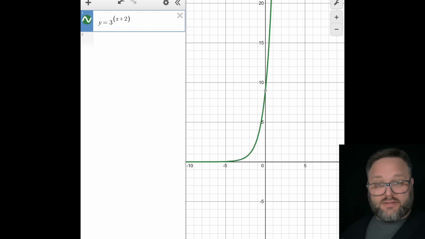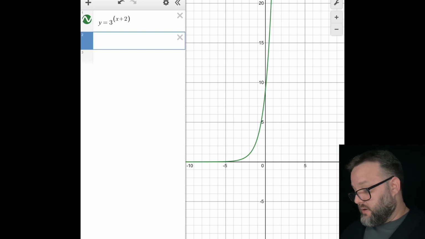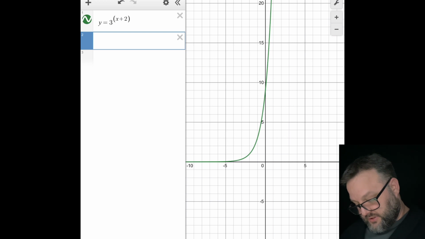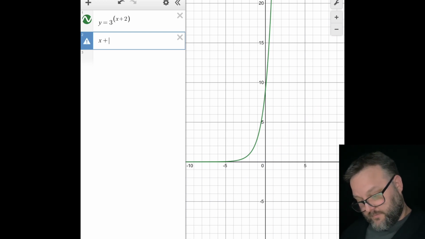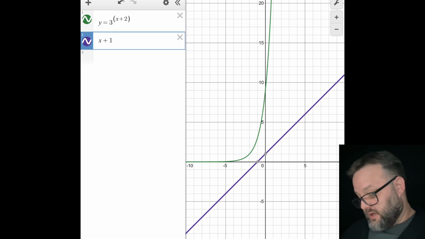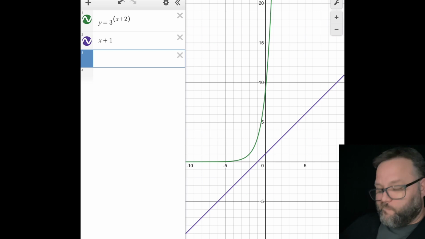It stays in the exponent where it's supposed to be. And notice how the graph did change. Okay. So I'm going to hit enter. Then I need to enter my other function, which is just x plus 1. I'm going to hit enter. And now I'm going to look for where they meet.